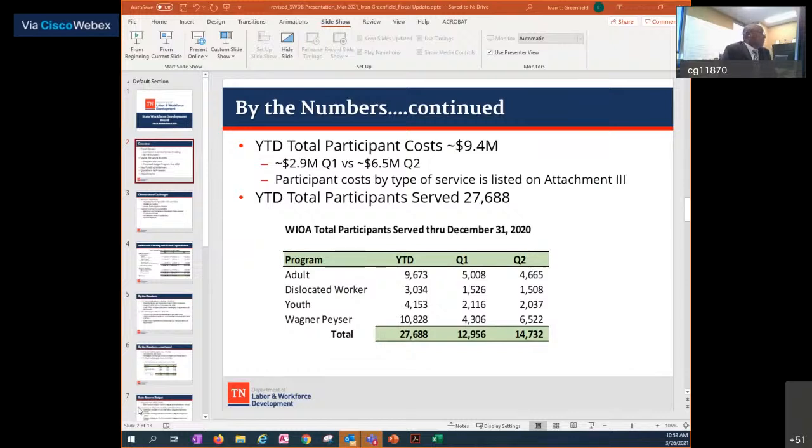Looking at participant costs, we see about 9.4 million in participant costs. The first quarter was relatively low, and we would expect that, but we see a nice rebound in second quarter, more than twofold, with 2.9 compared to 6.5 million.